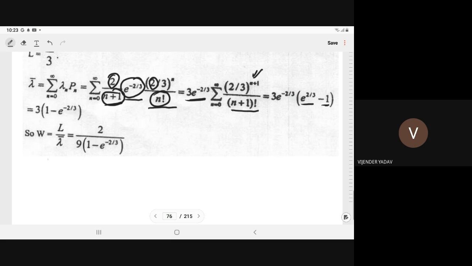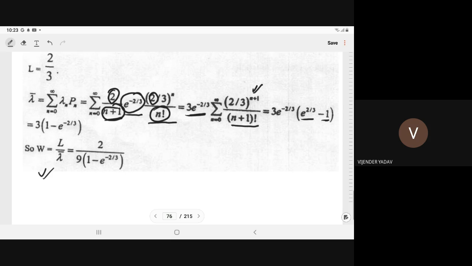And we know by Little's formula W is equal to L upon lambda bar. So it will become 2 by 3 upon 3 into 1 minus e to power minus 2 by 3. That is your W. Now, anything you want to ask here?